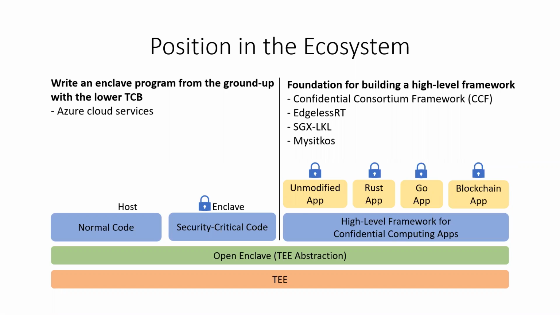So these high-level frameworks don't need to deal with the low-level TEE interaction, which is already handled by Open Enclave. They don't need to do the duplicate job, just focus on the high-level feature support.